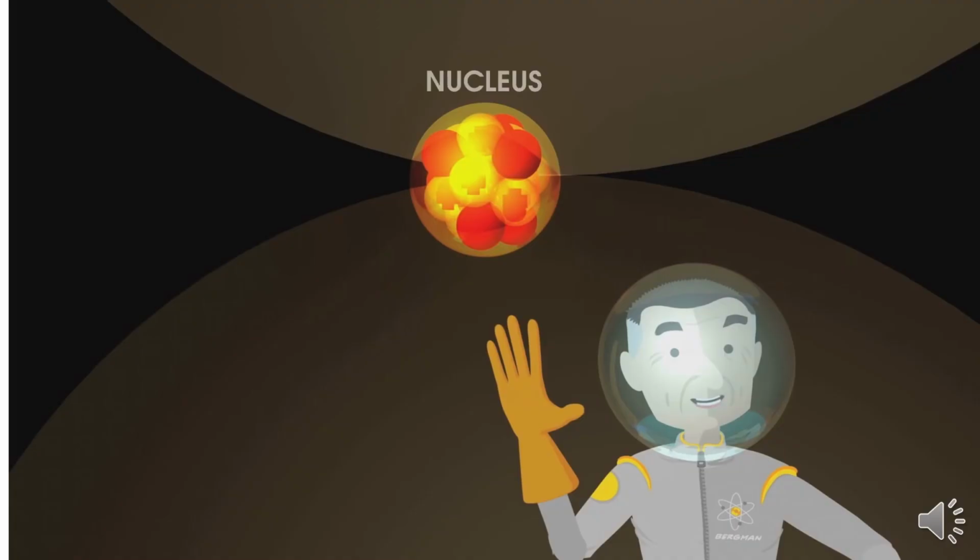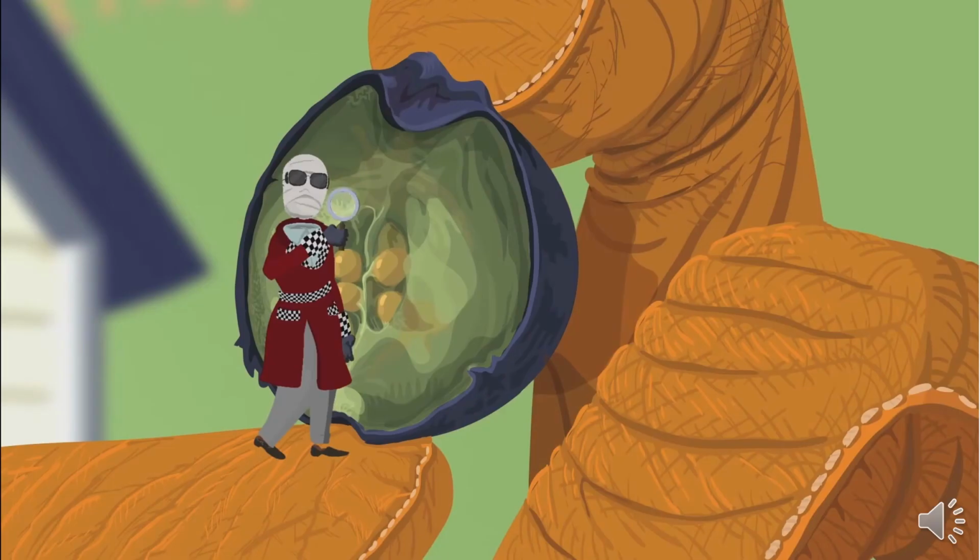Now, this is the nucleus. Let's imagine it is the size of a blueberry. So this is the blueberry we are talking about, and imagine that this is the atom, right? If we want to look at the nucleus inside the blueberry, it will barely be visible.